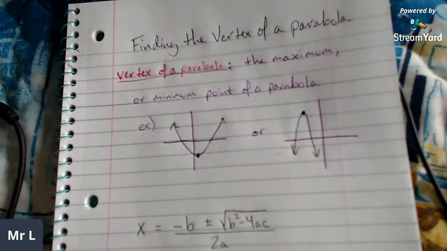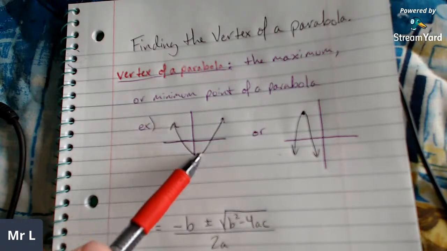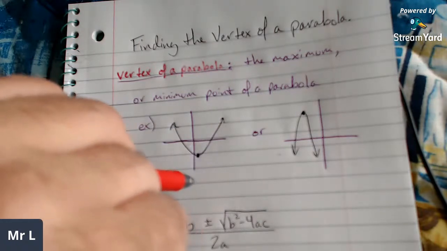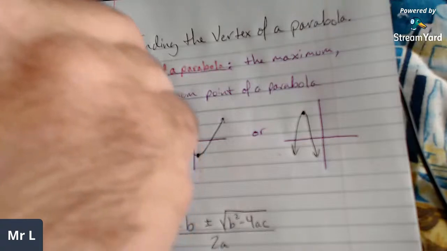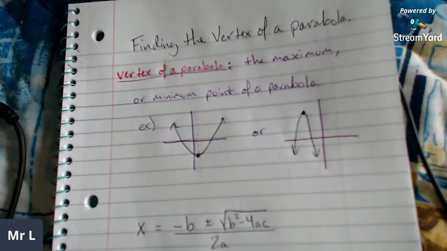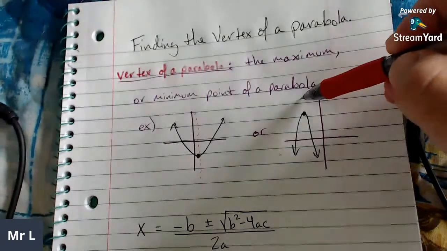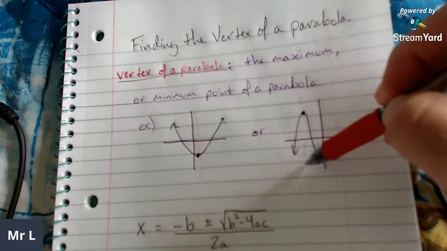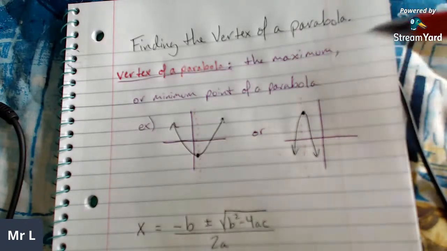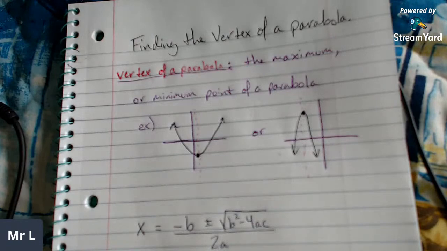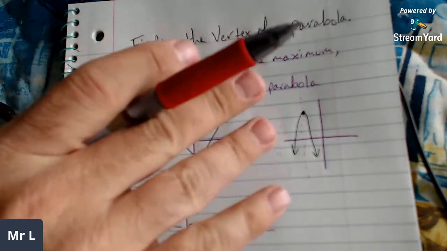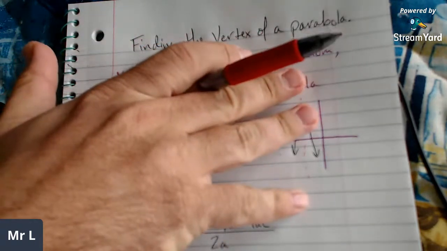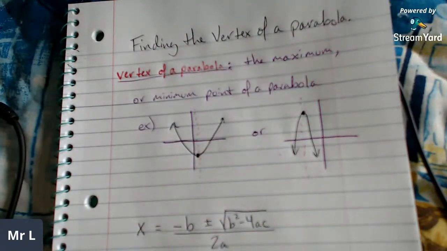Remember, parabolas are symmetrical, so the vertex runs through the line of symmetry. It's the line that cuts the parabola right in half. It's a little blurry. I'm sorry about that.